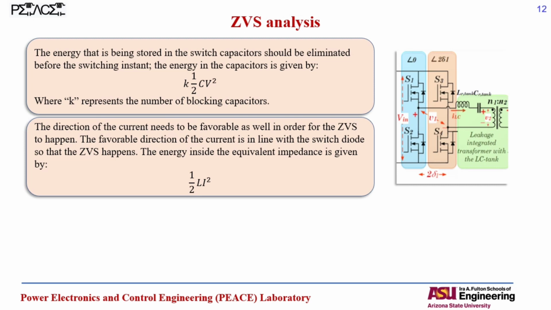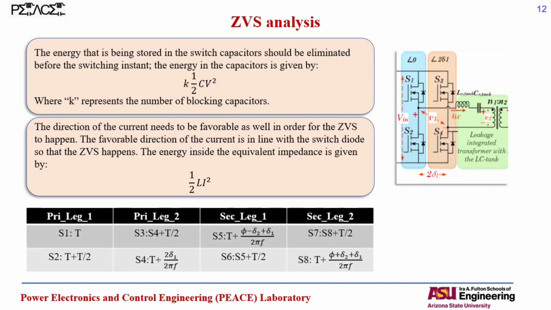To achieve ZVS, or zero voltage switching, we need to have a proper amount of inductive energy in the LC tank so that it is able to discharge the body capacitances of the switches. Another limitation is that we need to have a proper direction for the current as well. That means the direction of the current should be in favor.